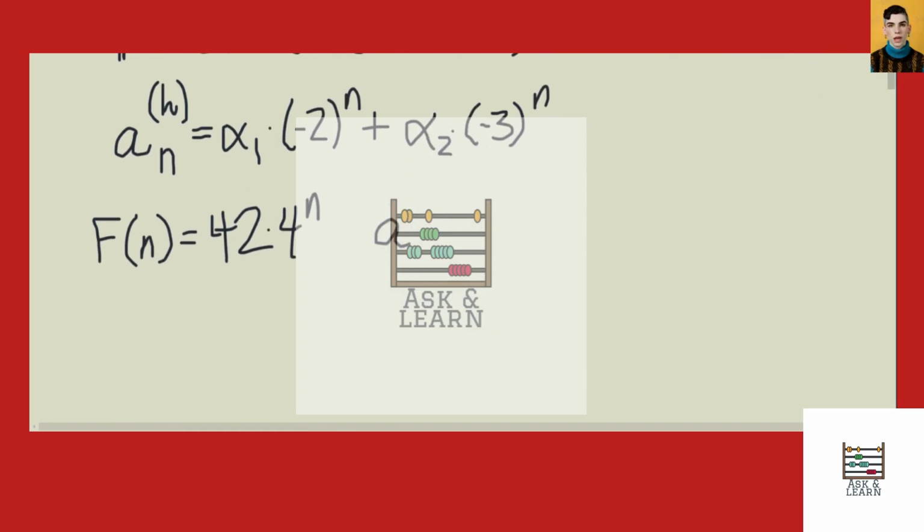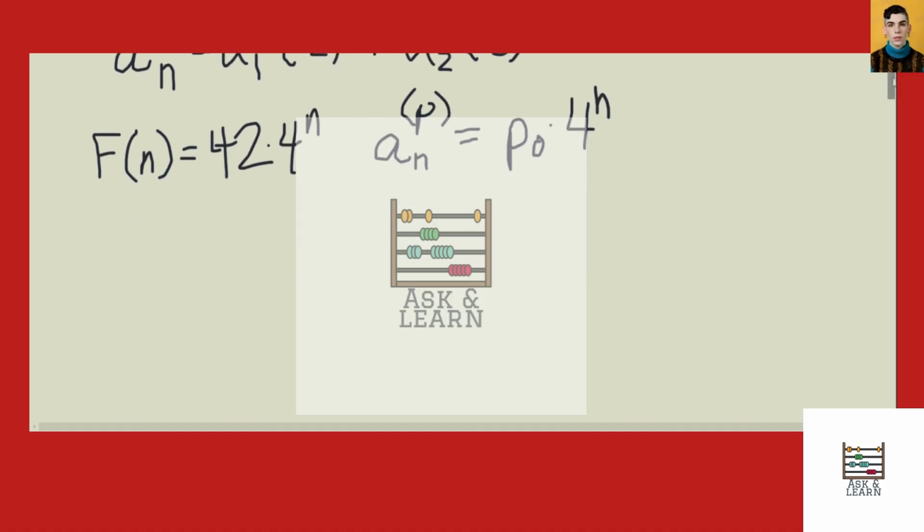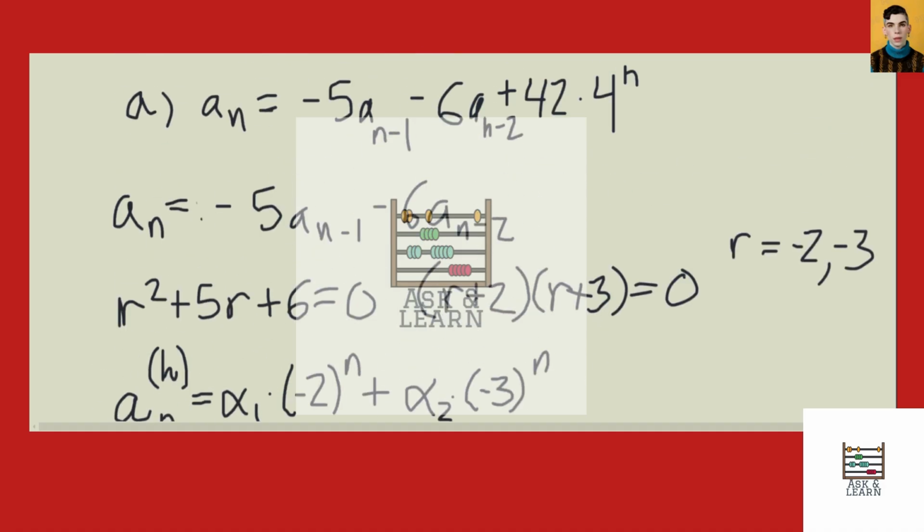So the general form for a particular solution is going to be p0 times 4^n. In order to find the value of p0, plug the particular solution back into the non-homogeneous equation.